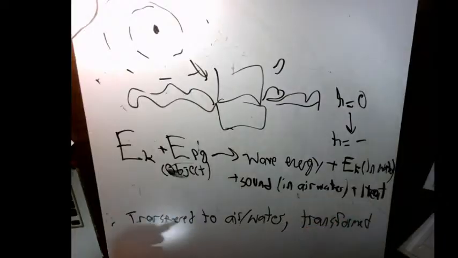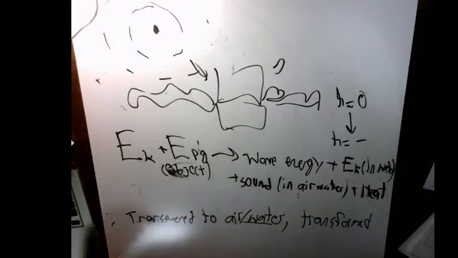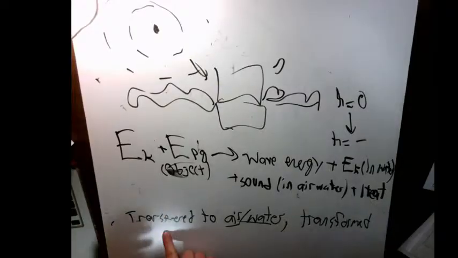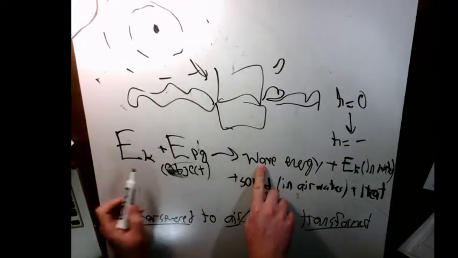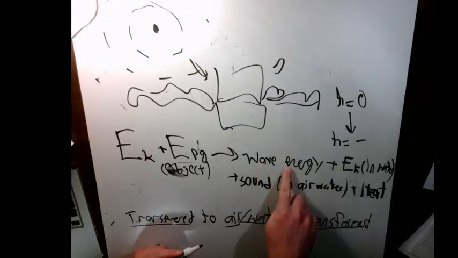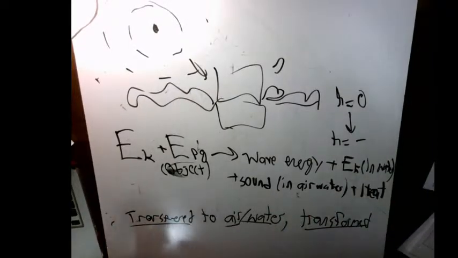So since it's energy going between 2 objects, or 3 objects if you count air and water, we have a transfer, and we also have transformed because we're changing type from kinetic and potential gravitational to wave, more kinetic, sound, and heat. So that's all we got for this lesson.